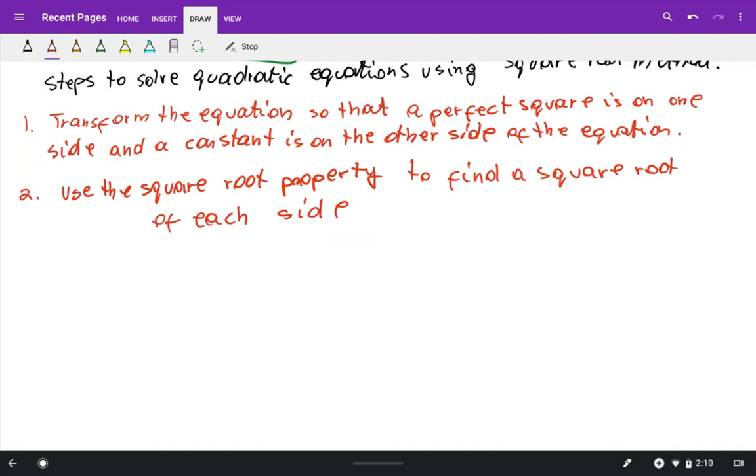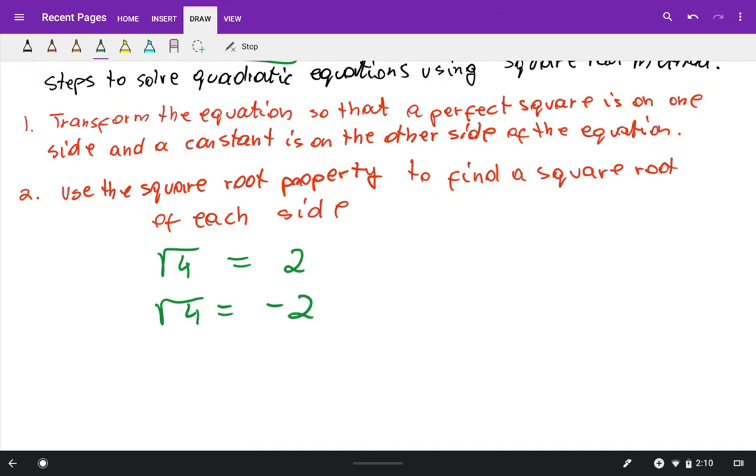Okay, so what does that mean, square root property? That means, let's say, when you have square root of 4, you know that you're always going to have positive and negative solutions. Square root of 4, it's 2, but also square root of 4, you need to remember that it's negative 2.